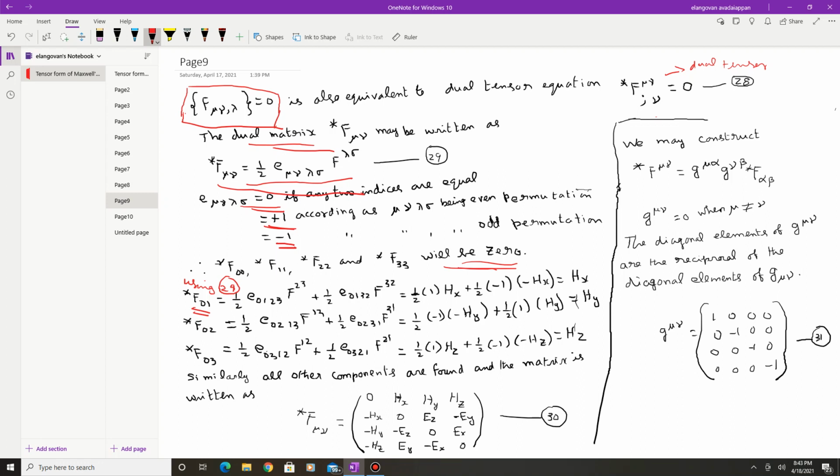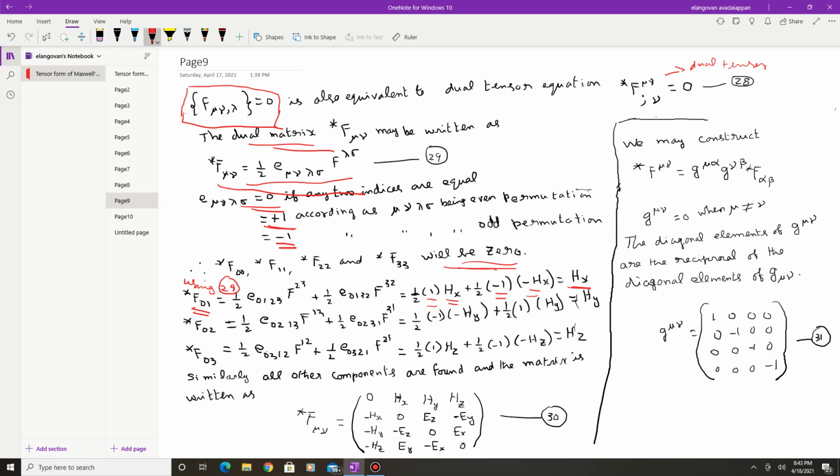We are writing only the non-vanishing terms; all the other terms will be 0, since when two indices are repeated it is 0. Here this is plus 1, and here this is an odd permutation, so minus 1. From the matrix that you have already defined, you can take the components 23 and 32: F23 is x and F32 is minus x. So once you substitute these values, star F01 is calculated.